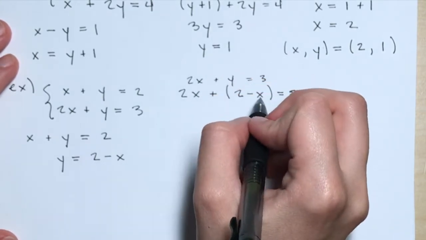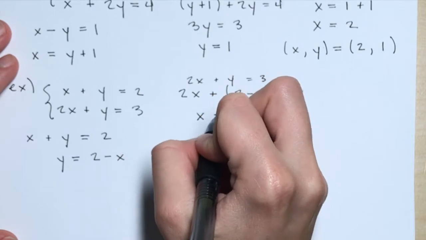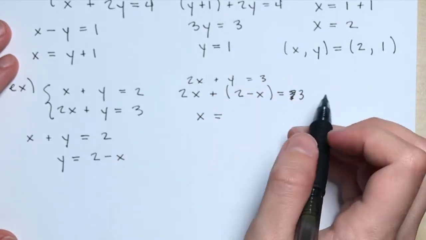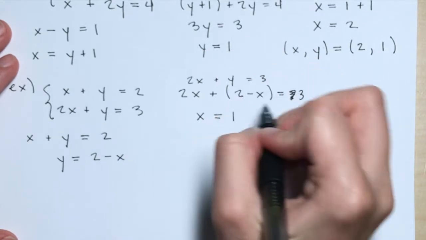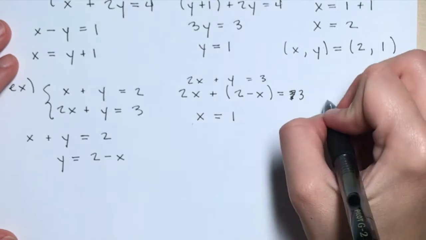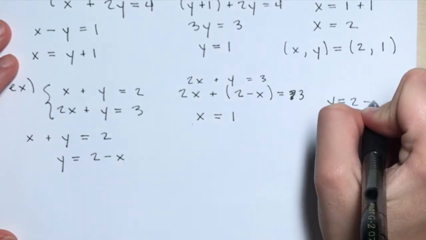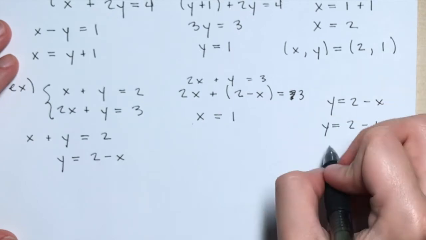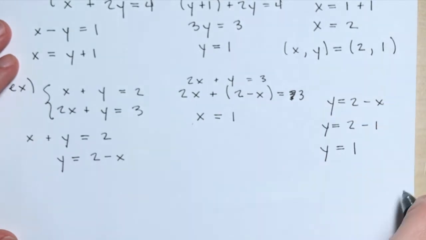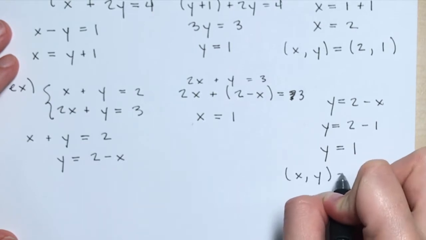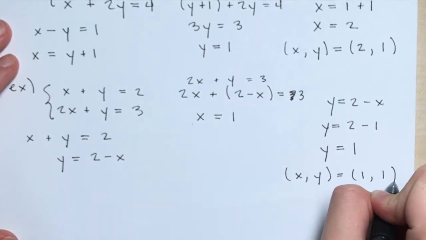So we have 2x minus x, that gives me just x. And then this 2 over here, we want to bring that over, so we end up with 1. And I can plug this 1 right back into y equals 2 minus x, and I end up with 2 minus 1, so y equals 1. My final answer being (x, y) equals (1, 1).